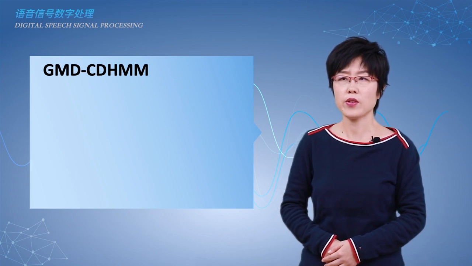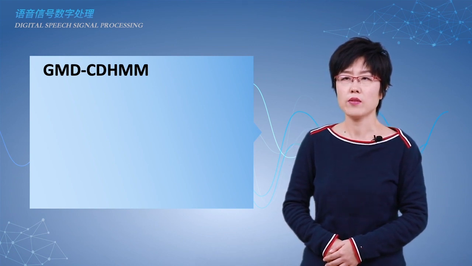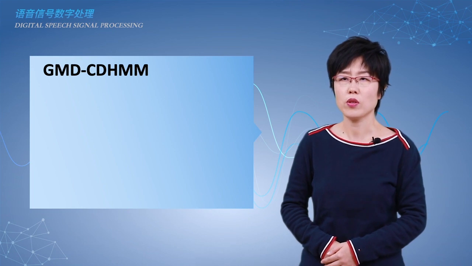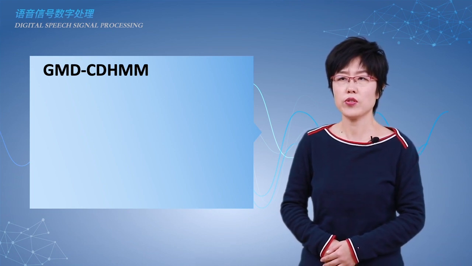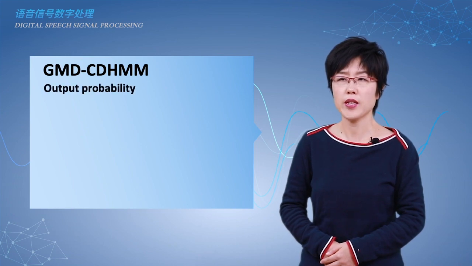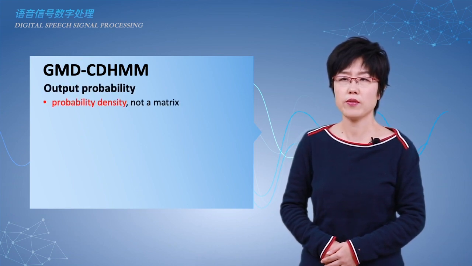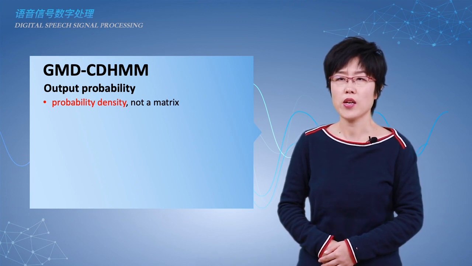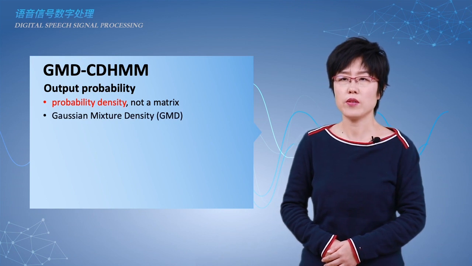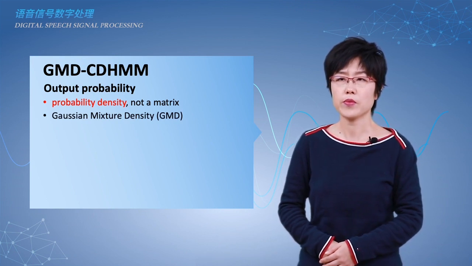GMD-CD-HMM is a kind of continuous density HMM model commonly used in speech recognition. The output probability is a probability density, not a matrix. The probability distribution of the observation vector is described by Gaussian mixture density, GMD.